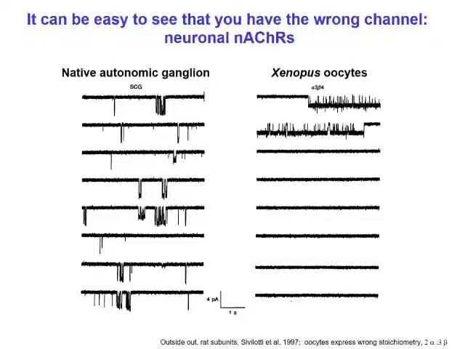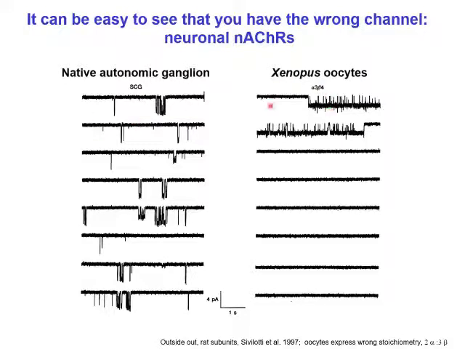Now, just in case you have this idea that success is inevitable with this sort of technique, I'm going to show you one of my papers in which I was trying to do what Mishina and Sakmann did for the native muscle nicotinic receptor. So I was taking recordings from a native autonomic ganglion. This is a neuronal nicotinic acetylcholine receptor.